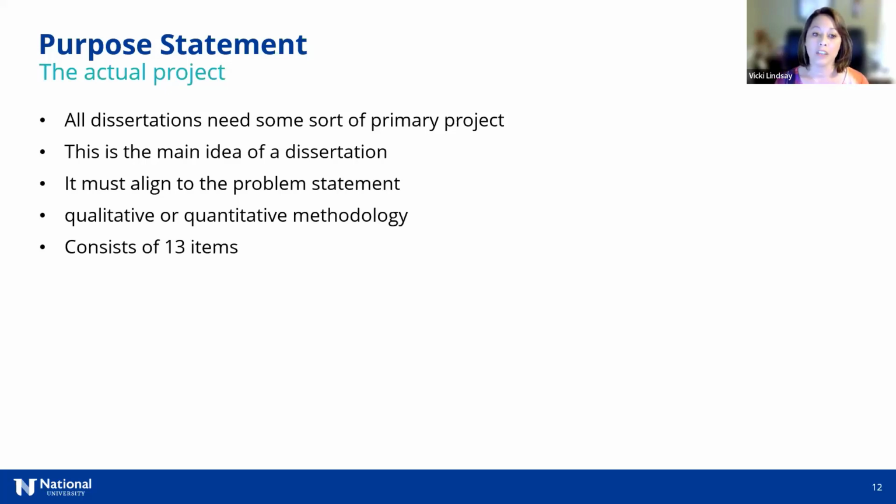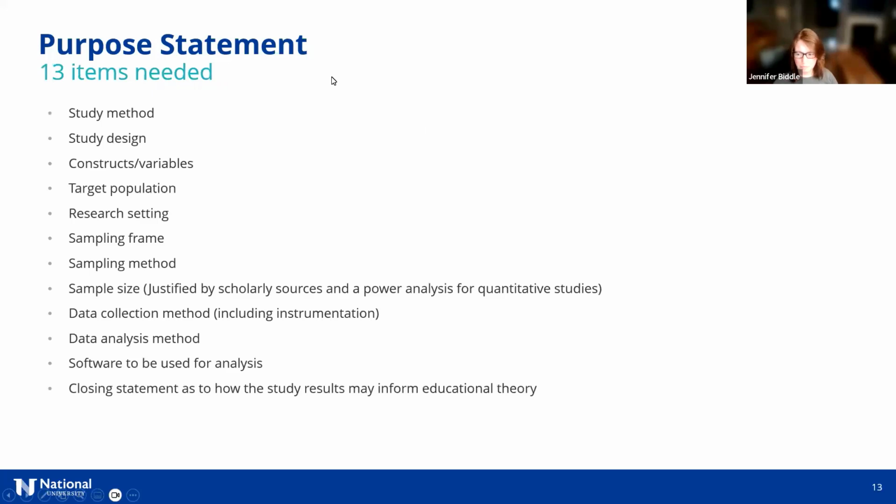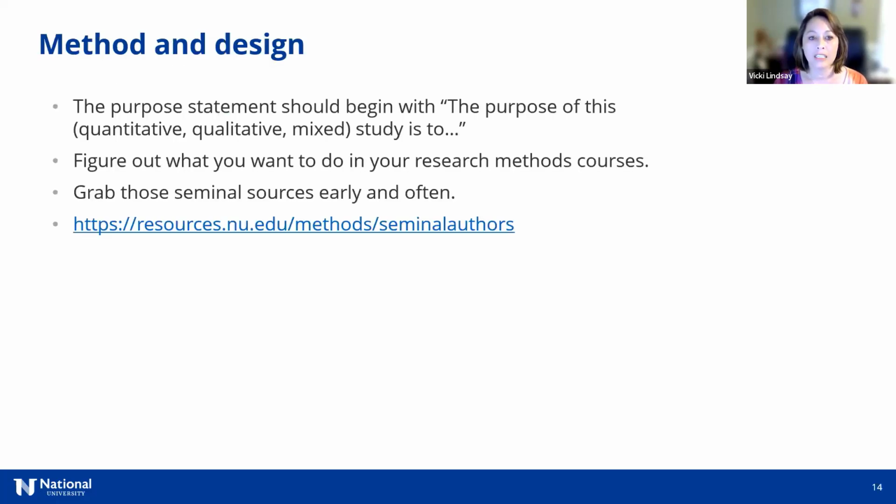There are approximately 13 items that are needed within a purpose statement. Okay, these are the 13 items, but I'm going to go through each individual one so you don't have to look at these teeny tiny little words here. But these are the items that are needed for a proper purpose statement, and I'll quickly go over each one of them. The first is the method and design.